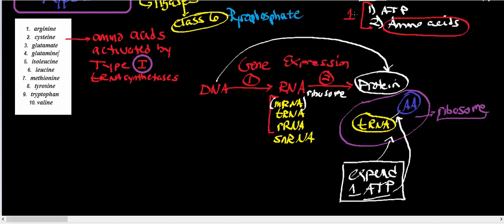You could imagine that if we start doing a lot of protein synthesis, we're going to have to expend a lot of ATP. ATP is the energy currency in the cell, so we say that protein synthesis is a very energetically exhaustive process, but for obvious reasons, it's absolutely required for life.